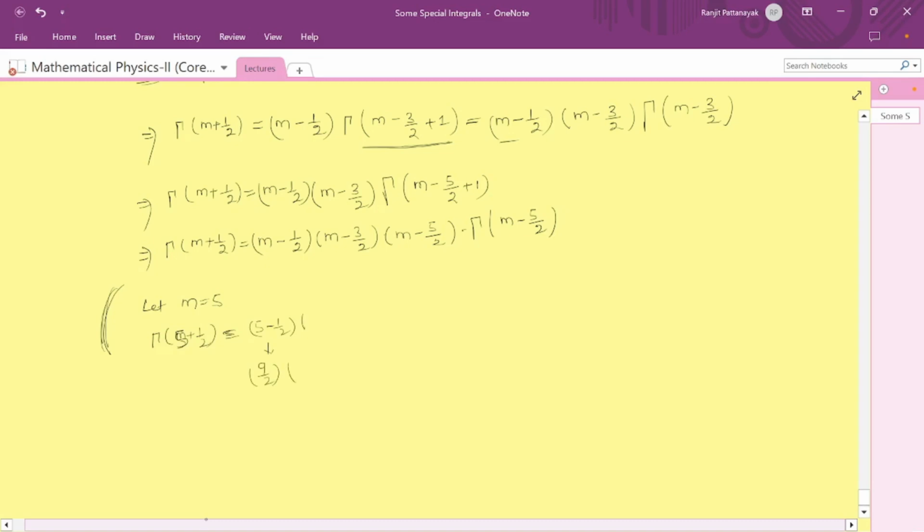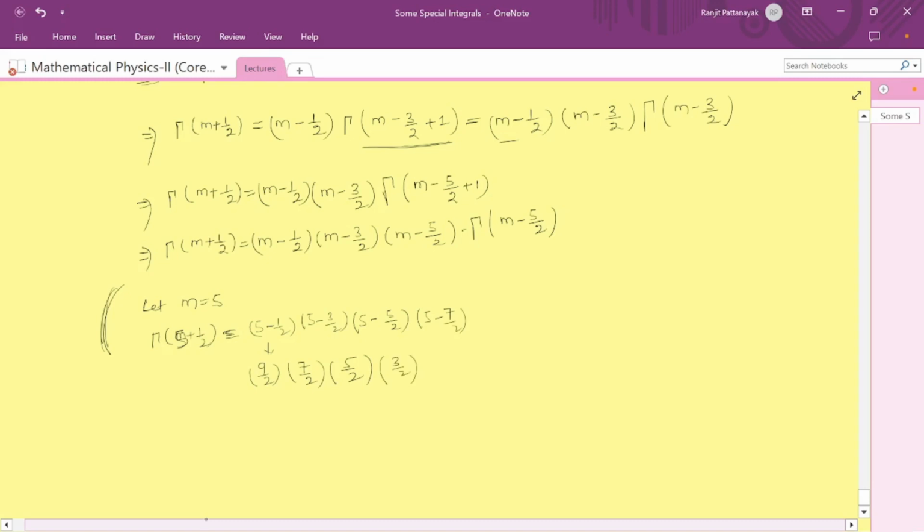Then 5 minus 3 by 2 will be equal to 7 by 2. Then 5 minus 5 by 2 will be equal to 5 by 2. Then 5 minus 7 by 2 will be equal to 3 by 2.